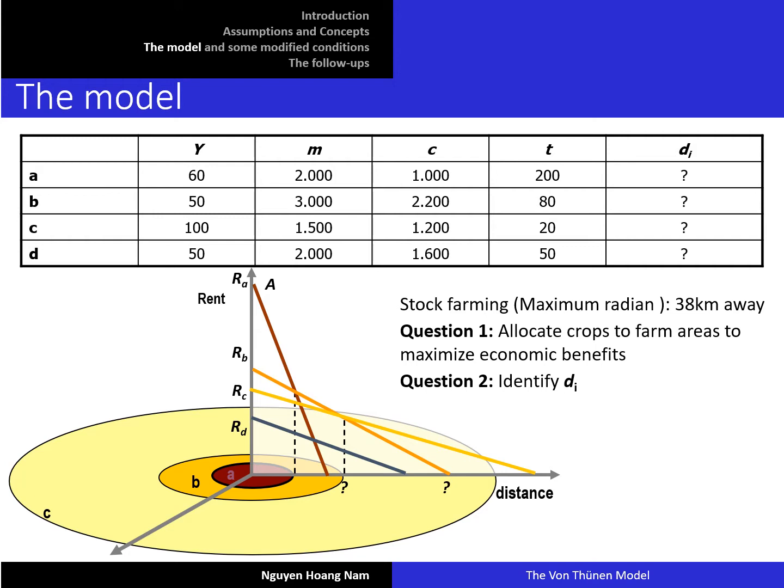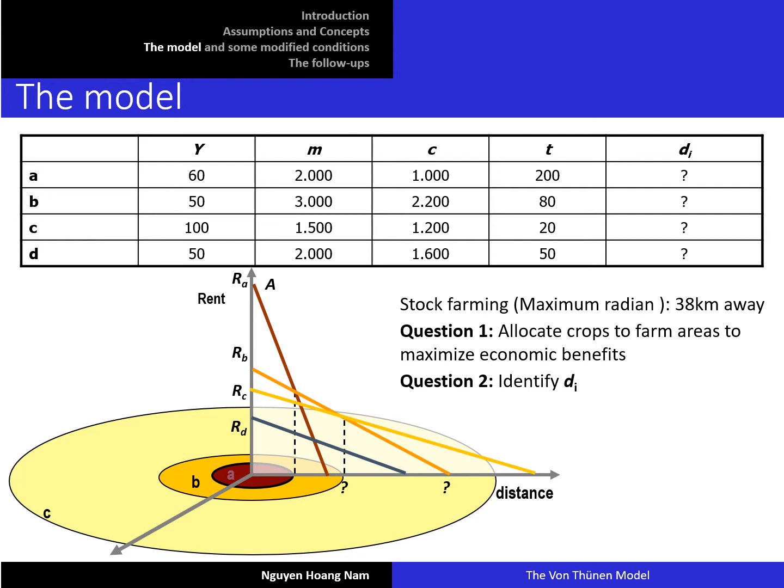How big is the size of the farm allocated to each crop? In order to find the answer for D, we need to again recall the location rent formula, and we need to find the intersection of the location rent lines.